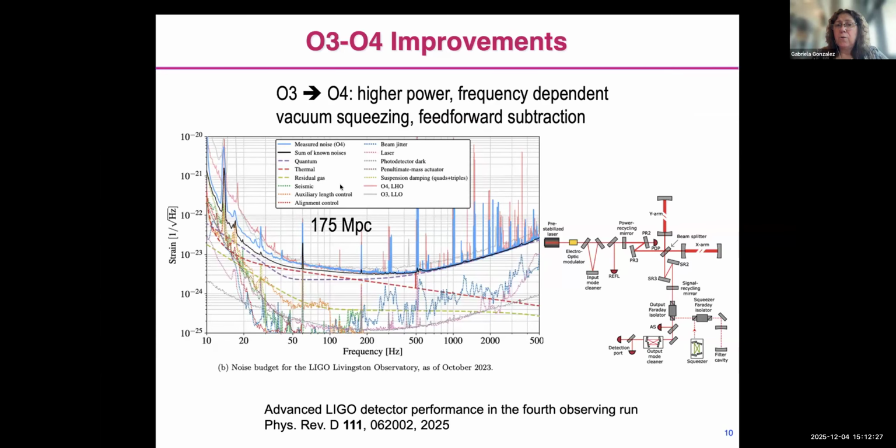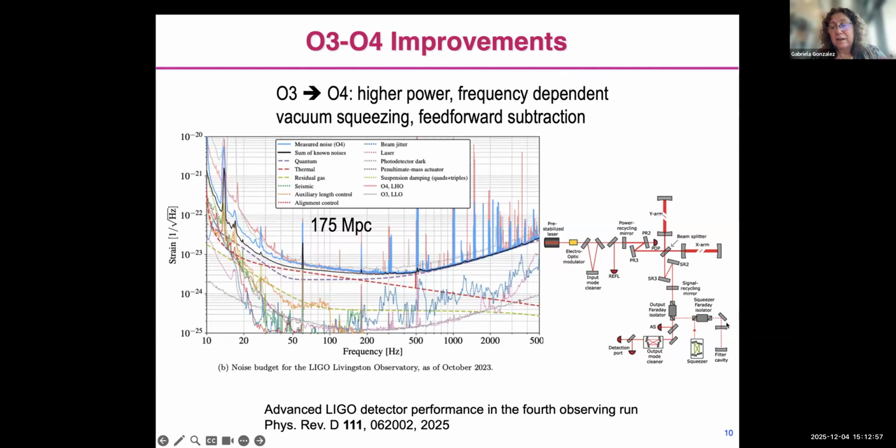But in O4, we had what we call frequency-dependent vacuum squeezing, which means that we don't introduce just a squeezed vacuum in here, in which we can only choose whether to squeeze phase noise or amplitude noise, but we make the squeezed vacuum go through a cavity, and that's not any cavity, it's a 300-meter cavity, so it's not 4 kilometers, but it's a macroscopic cavity.